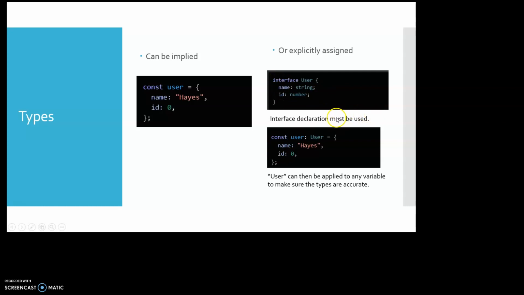And then it is applied to this variable here, and in the different sub-variables with the name and the ID, you have a string and a number. Any other type of information inputted in and you would have gotten errors, and the program wouldn't have worked at all.